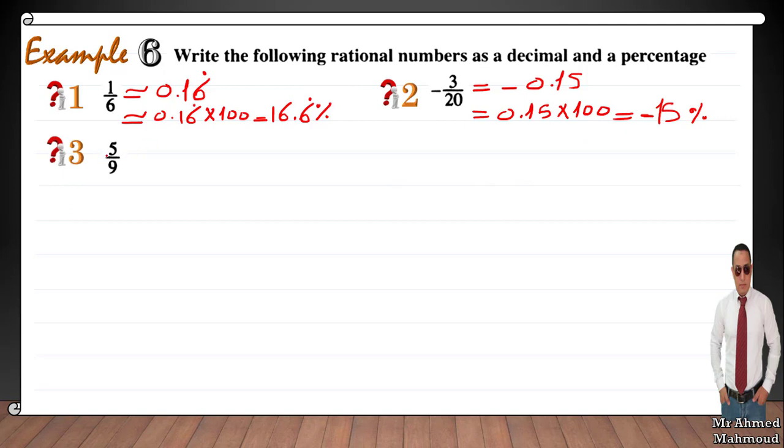Number 3, 5 over 9. 5 over 9 equals 0.5555 with no end. So it is equal to 0.5 dot, like this. And when we multiply this one by 100, it will be equal to 55.5 dot percent.